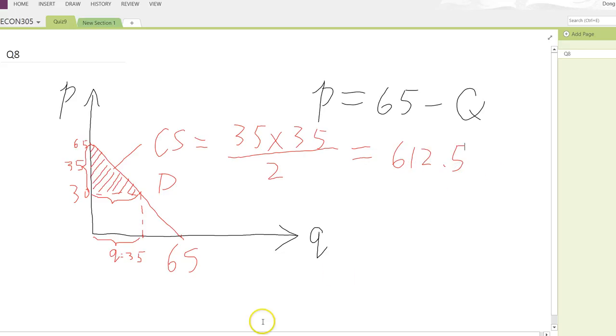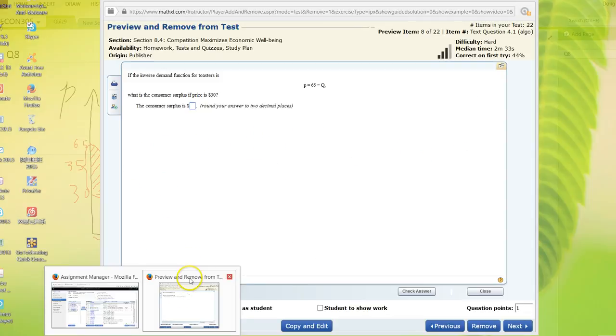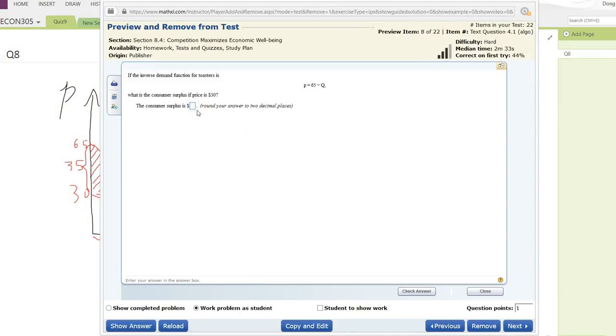Now let's check whether we got this answer right. The question asks to round your answer to 2 decimal places, so we can write this as 612.50.